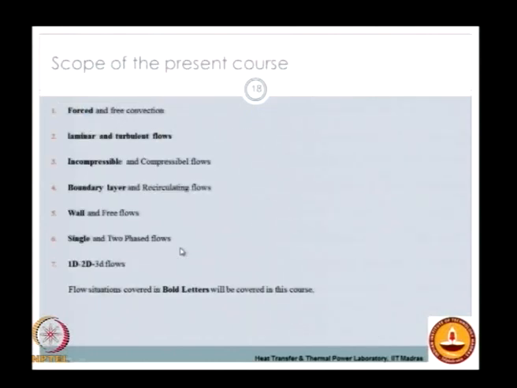So to summarize the scope of the present course, since we have looked at the classification of convective heat transfer based on the flow regimes, based on the geometry, and based on whether you are talking about single or two-phase flows, we will now decide the scope. We will look at forced convection and free convection both, and both laminar and turbulent flows, and primarily we will focus only on incompressible fluids.